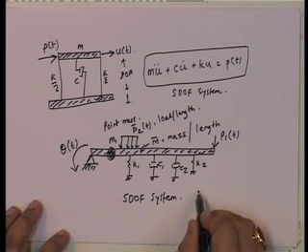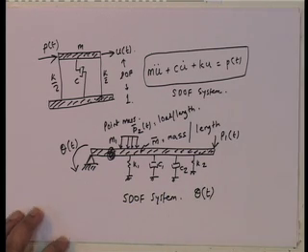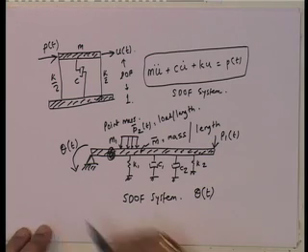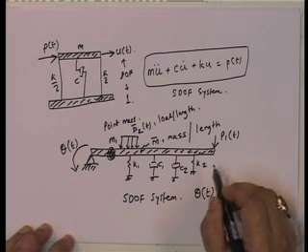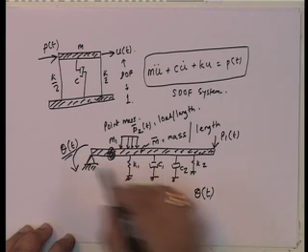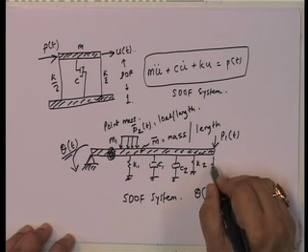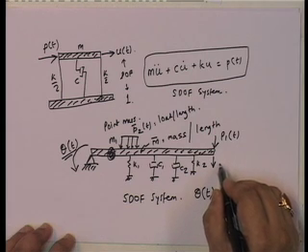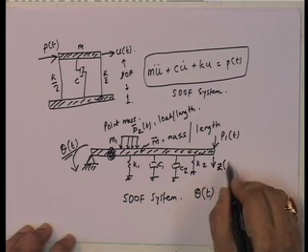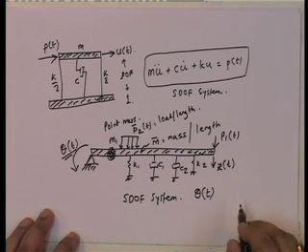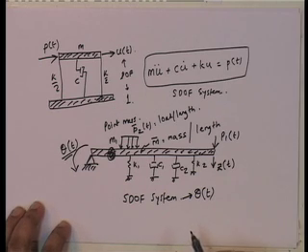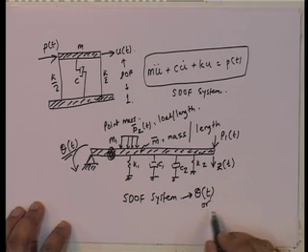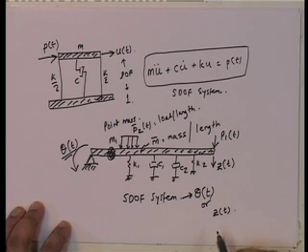It is still a single degree of freedom system, because I can define this. But is this the only degree of freedom that I can define? No. Instead of this, I could also define this, and call it z of t. And so I could have a single degree of freedom system with theta t as a degree of freedom, or z t as a degree of freedom.